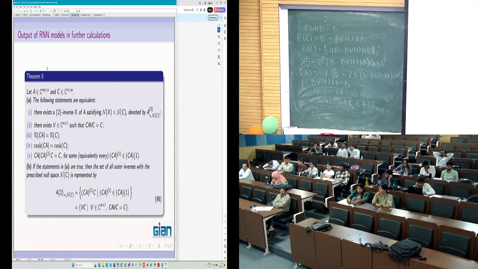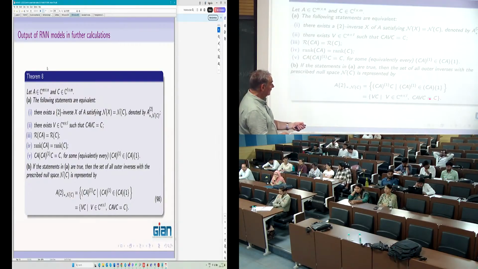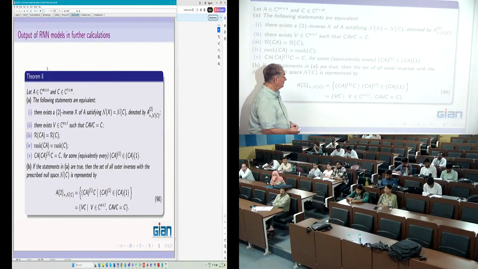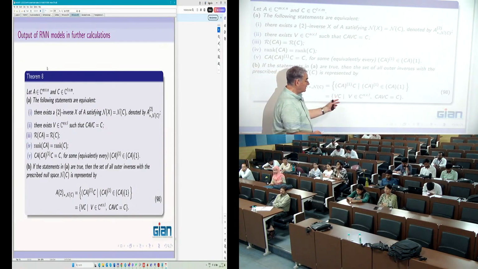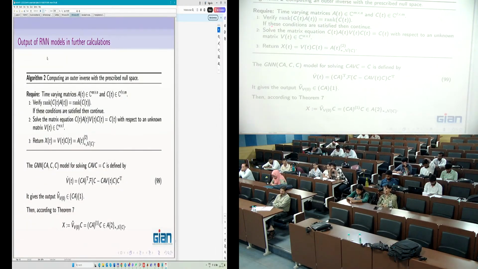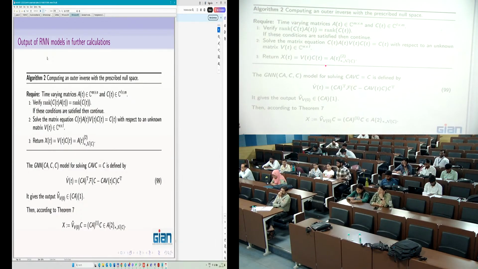VA equals CA equal to it, and obtained from the right inverse VC with prescribed null space of this rank, if this condition is in continuation using appropriate.